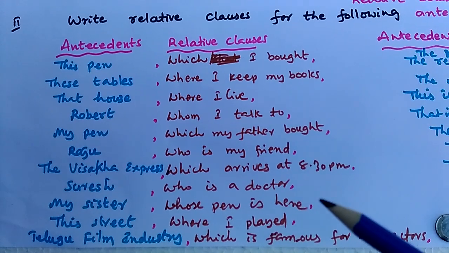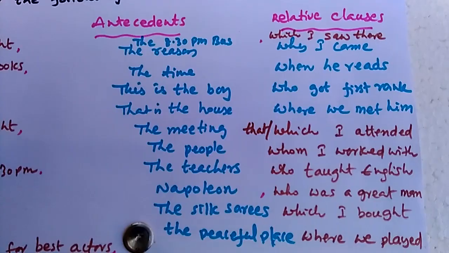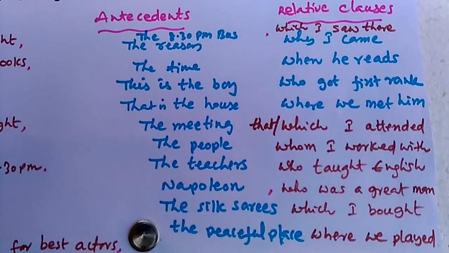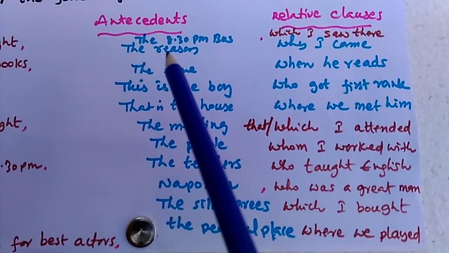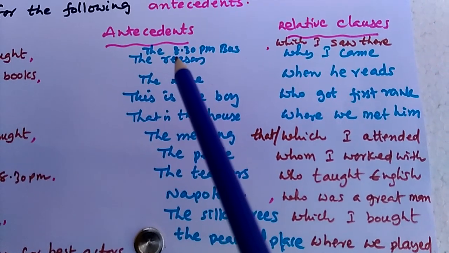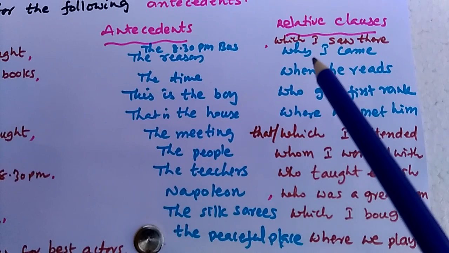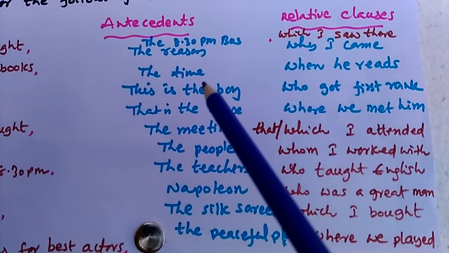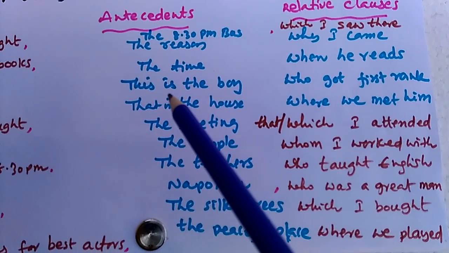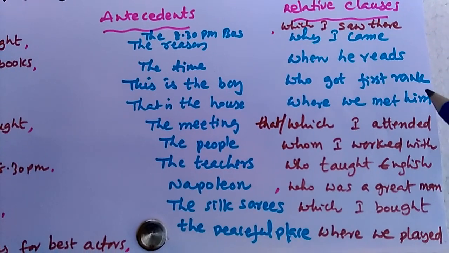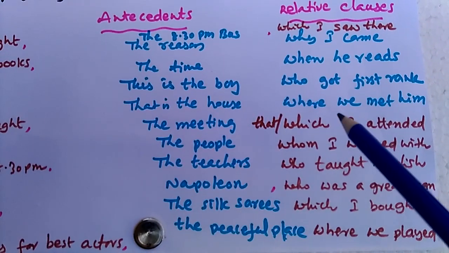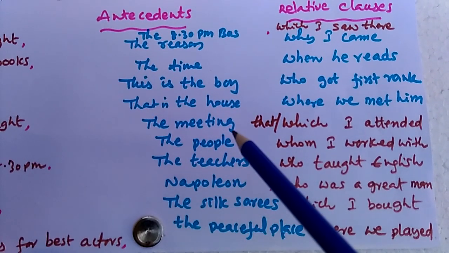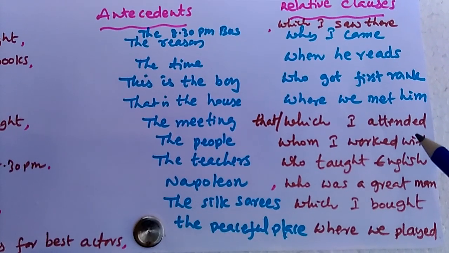Let us see some more examples. Here are some more antecedents. The 8:30 p.m. bus which I saw there, the reason why I came, the time when he reads. This is the boy who got first rank. That is the house where we met him. The meeting that or which I attended.